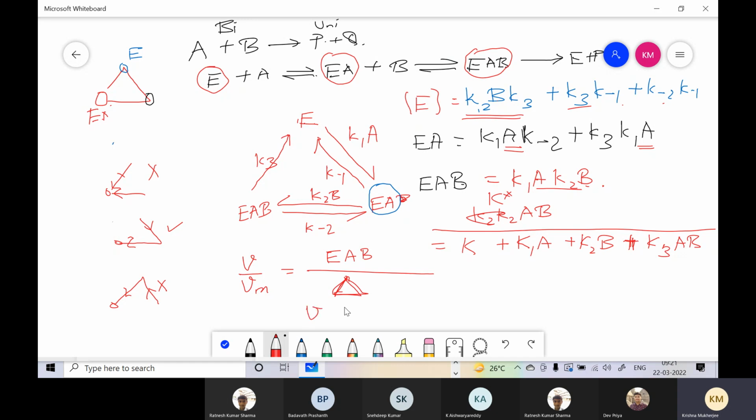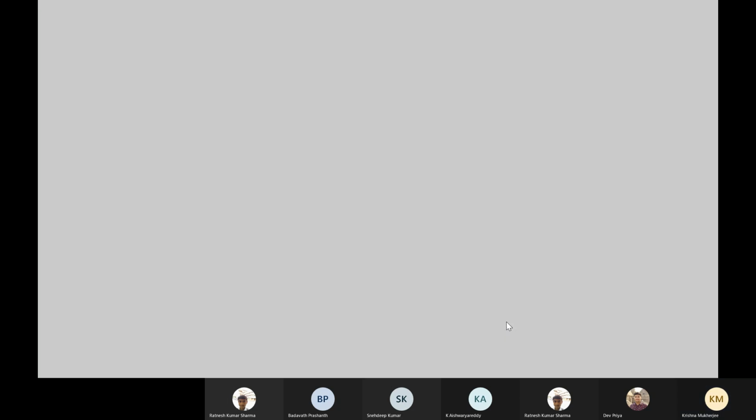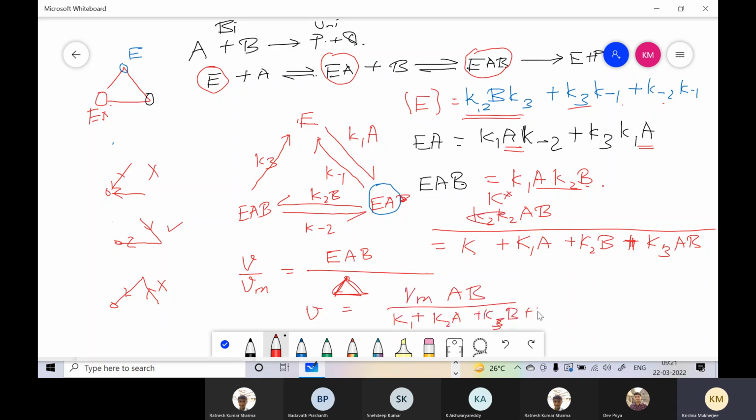And so my reaction velocity will be of the form some constant, Vmax or whatever, AB, because it will all cancel out, AB upon some K plus K1 plus K2A plus K2B, K3B plus K4AB. That is all that we had to do.